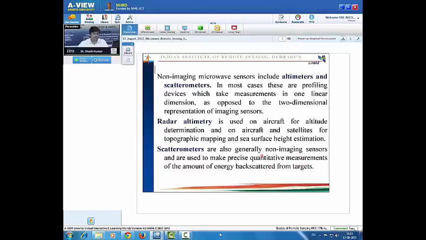There are several applications of spectrometers, mainly marine applications to find out wind direction, wind speed, and tide information. So spectrometers are also used as non-imaging sensors.